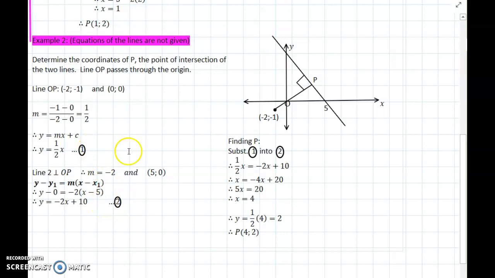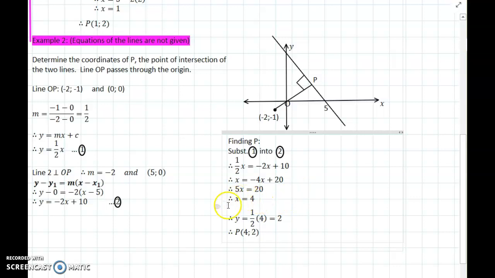So I substitute equation 1 into 2, I get a half x, replacing y with a half x, equal to -2x plus 10. Solve for x by multiplying both sides by 2 to get rid of the fraction, you get x equal to -4x plus 20. Solve for x, you get 5x equal to 20. Divide both sides by 5, x is equal to 4.